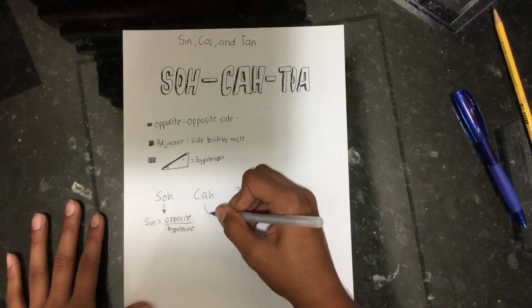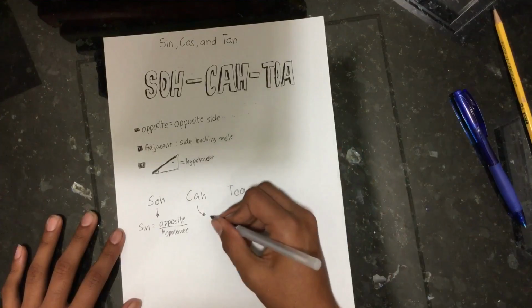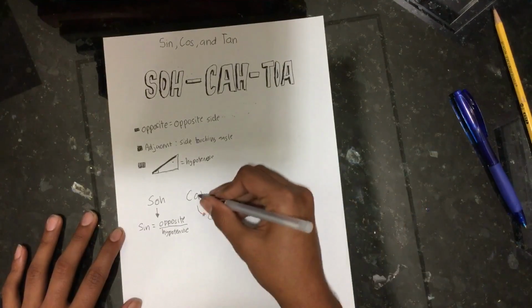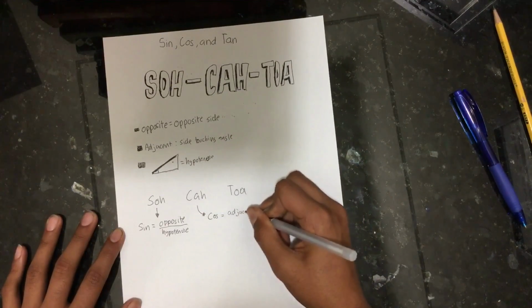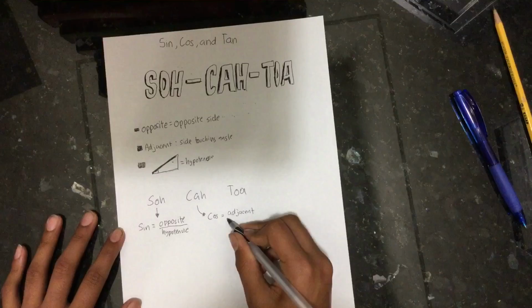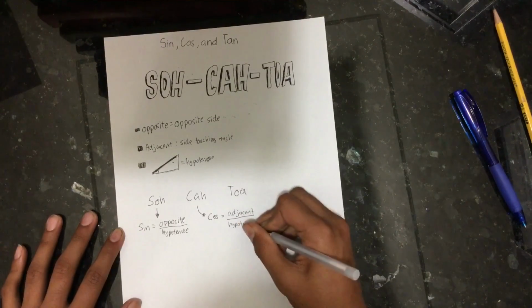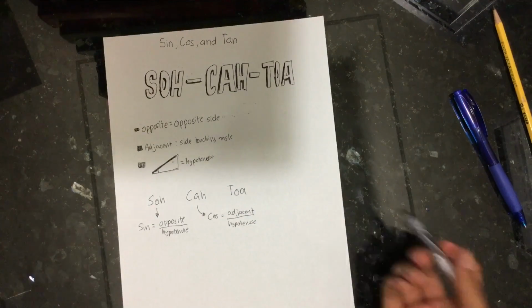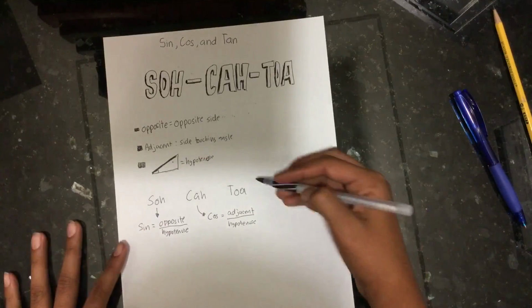Cah is basically cos. Cos is equal to adjacent, as you can guess, adjacent over hypotenuse. Okay? So these are all fairly simple to remember after you get it in your head.